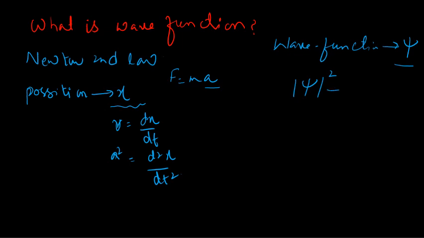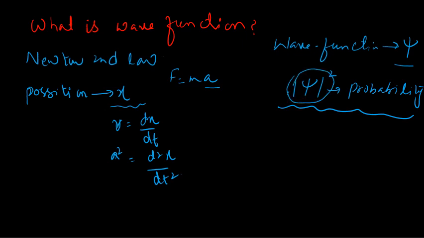It is proportional to the probability of finding the particle at a particular time at a particular space. A position can be defined by this quantity. So this is important. It is called the probability.